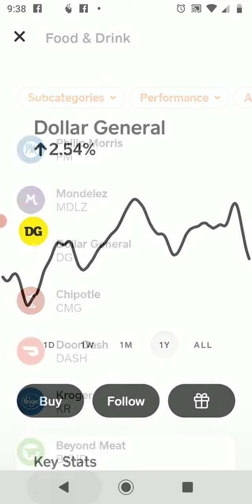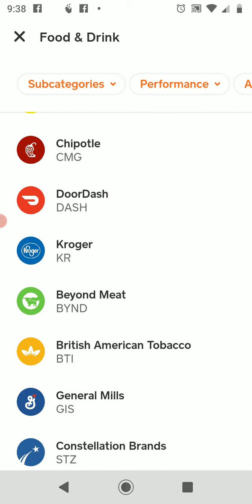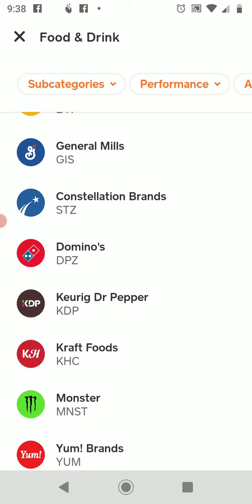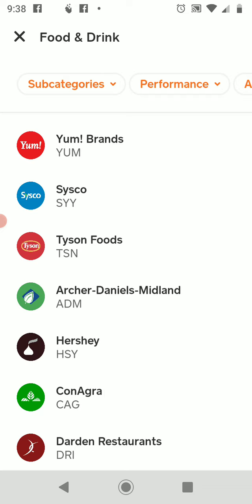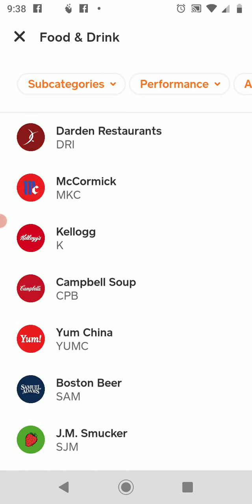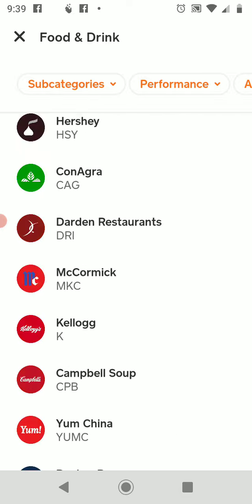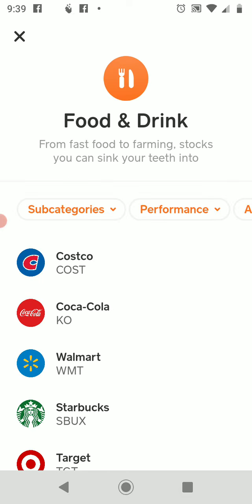It's amazing. And there's a whole lot more stocks available to invest in on Cash App than cryptos. It was never this easy.